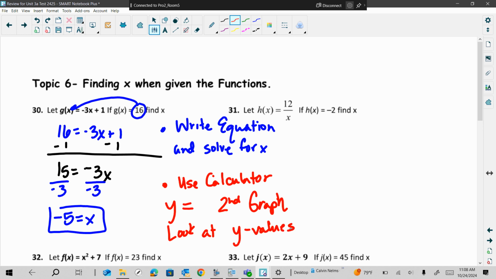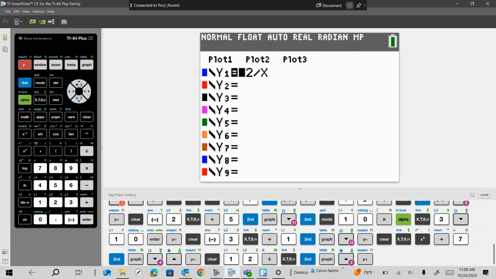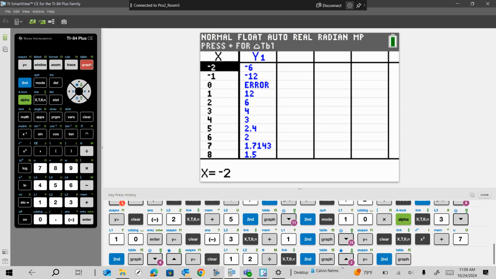So I can do the second method on number 31. I'm going to do y equals 12 divided by x. So I'm going to go to my calculator. I got that in. I go to my graph. I'm trying to find 16, the value of x when we get a negative 2?